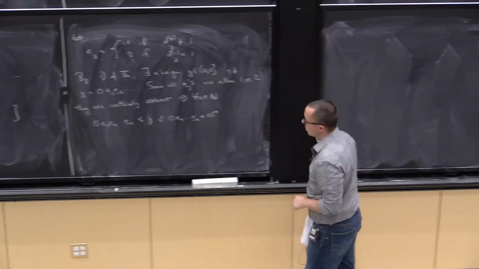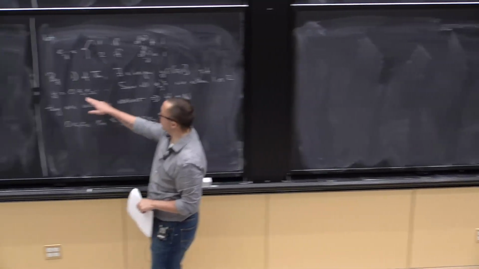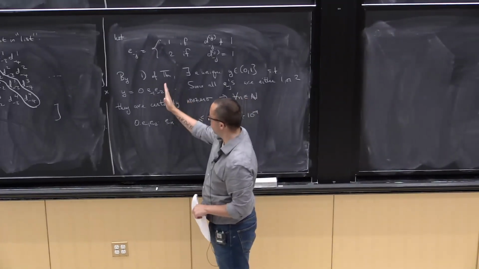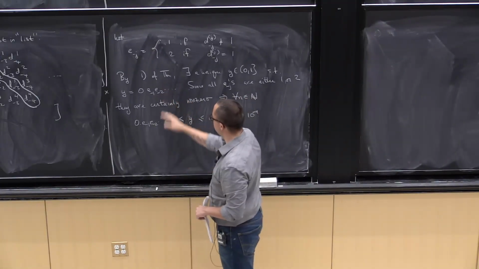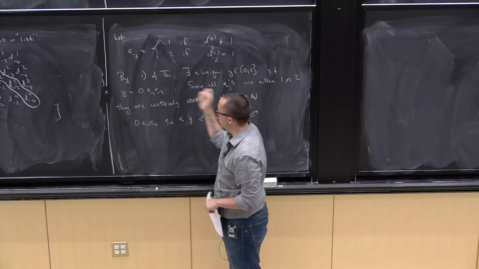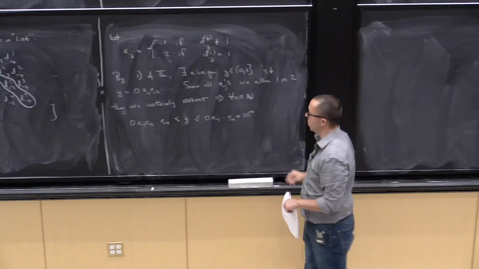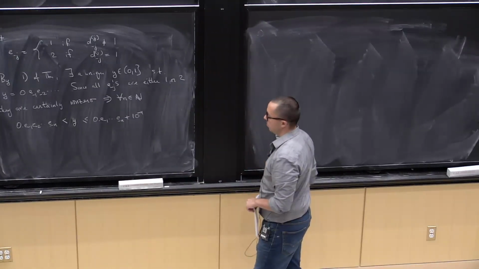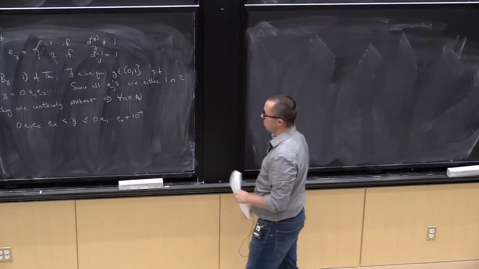Because all these digits are positive, if I truncate it, then that number is going to be less than y, because I'm missing stuff out in the millions place or whatever for each n.